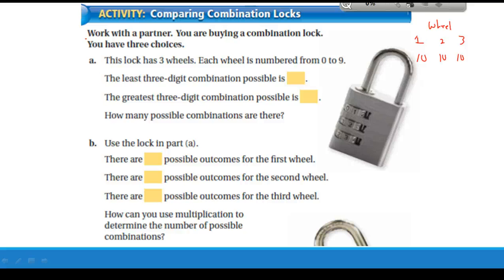So it would be 0 plus 0 plus 0, which is 0. And the greatest 3-digit combination possible would be 999, which is 27. And then how many possible combinations are there? That'd be 10 times 10 times 10, which is 1,000.